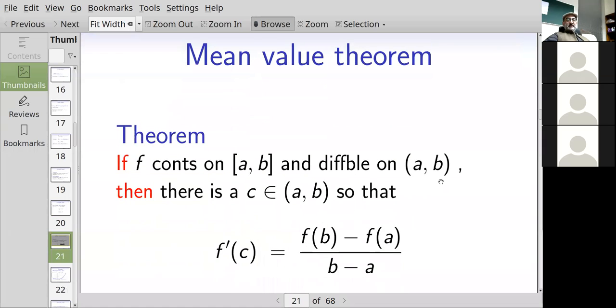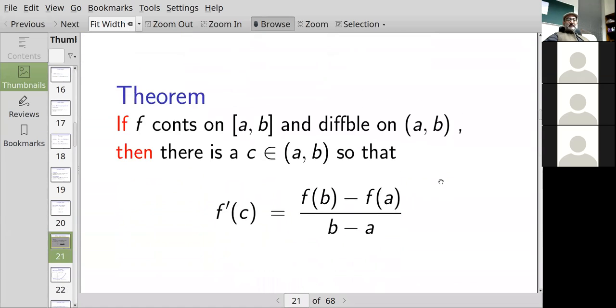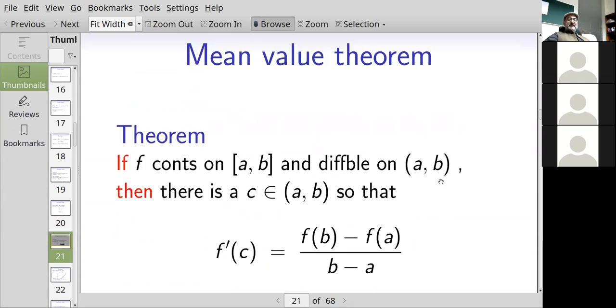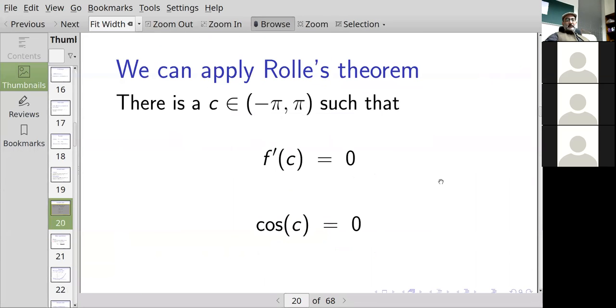Okay. Now, the mean value theorem. Sir, the part that says there's a point C at which f dash of C equals 0, Rolle's theorem states, right? Yeah. And the f dash C part, that's actually the maximum or the minimum point, right?